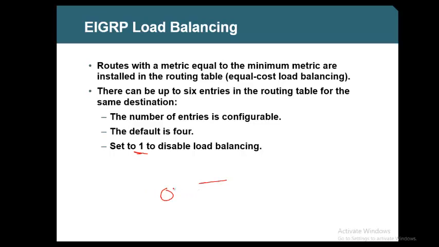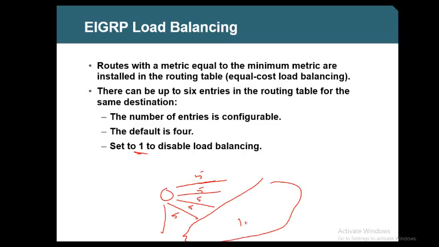I have multiple paths to reach some destination, and all the paths show the same cost to the same destination. From R1 to reach 1.1.1.1, if you go via E0 same cost, E1 same cost, E2 same cost, E3 same cost, that makes 5 paths.